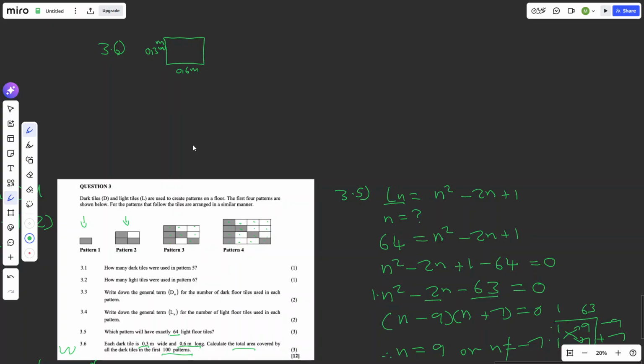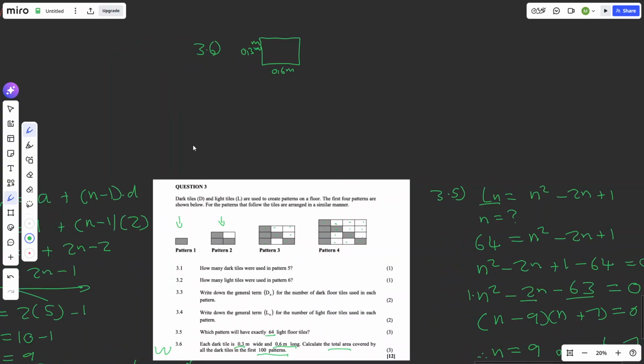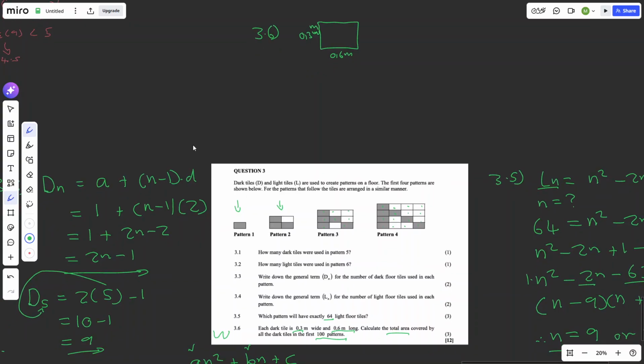So now what we need to do here is refer back to the formula that we derived, which is this one here. So we have d_n is equal to 2n minus 1. Now it says you want to find the area covered by all dark tiles in the first 100 patterns.